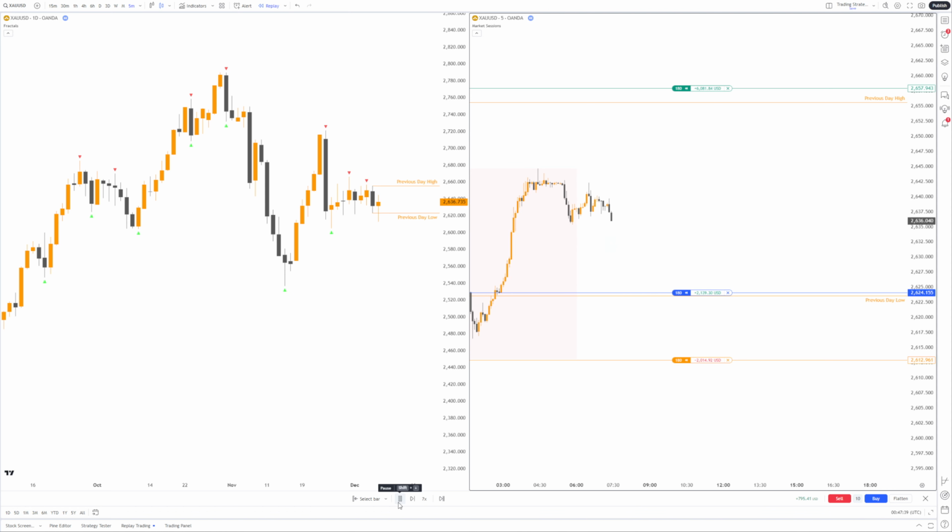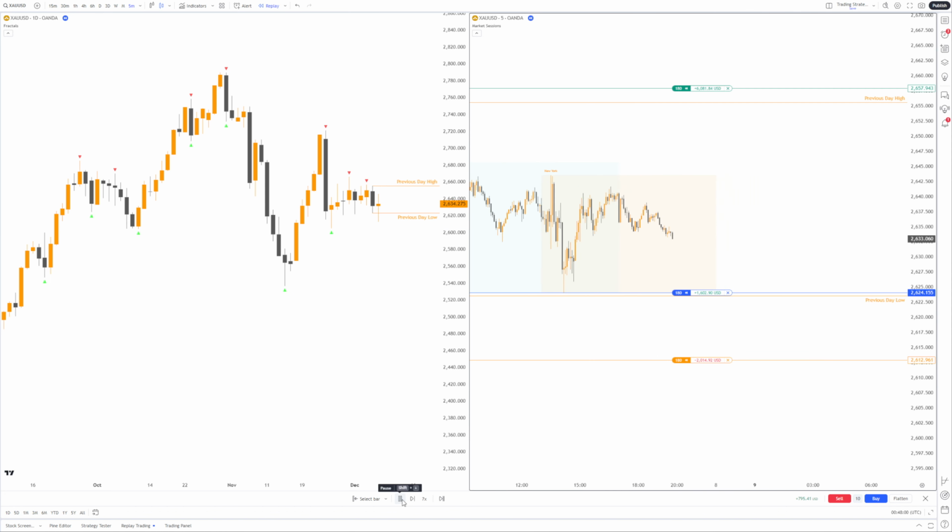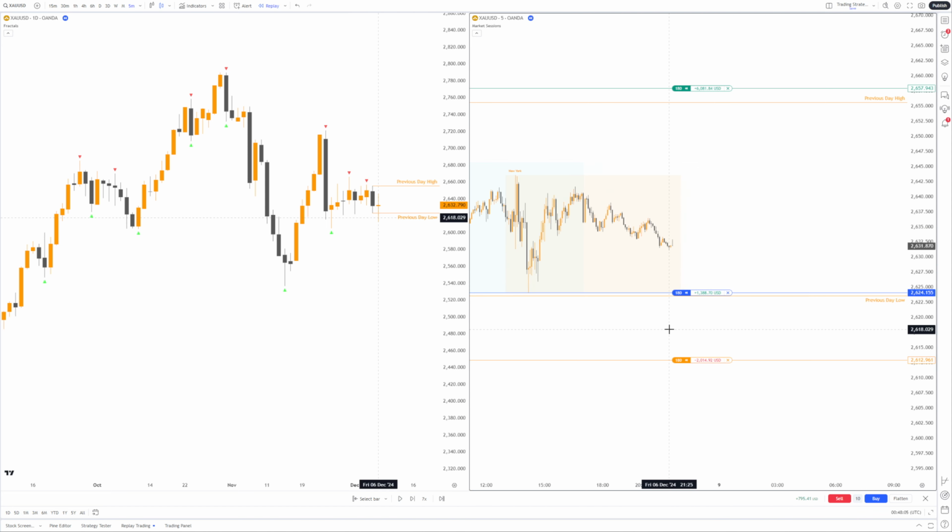Just observing for now. Price is hovering. Okay, looks like the New York session. Nothing happening, it's just ranging at the moment. What time is it right now? 21:35.